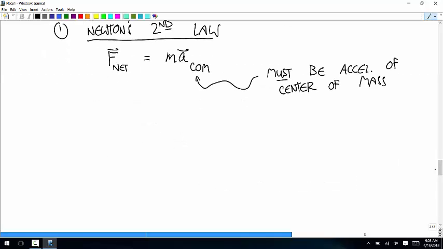And the center of mass, we're not going to do any complicated shapes. There's an integral definition of center of mass that you have to use for more complicated shapes. For simple shapes, you can just think of the center of mass as the geometric center.